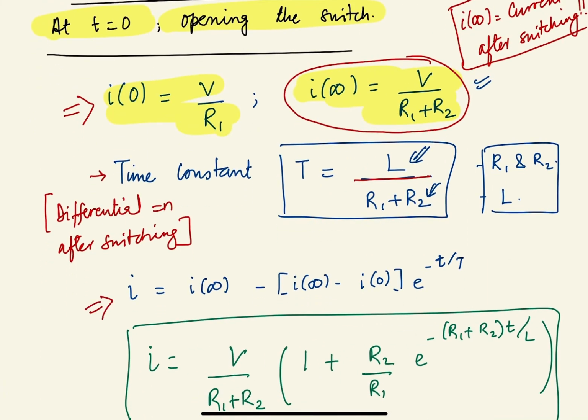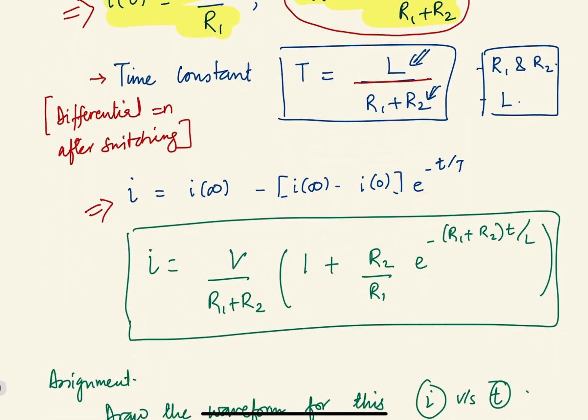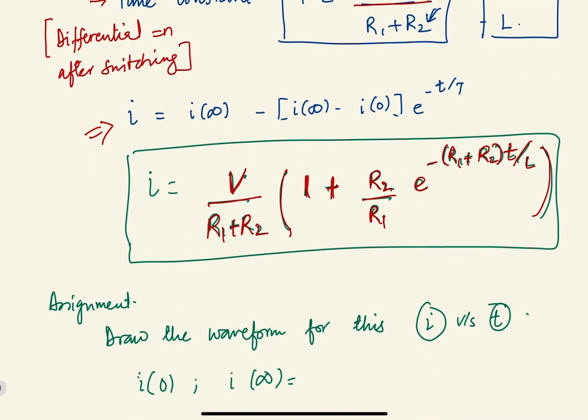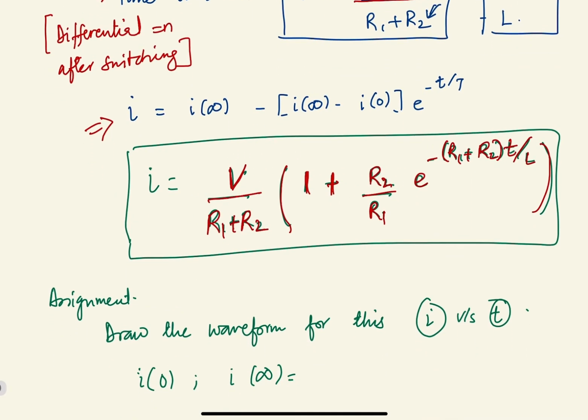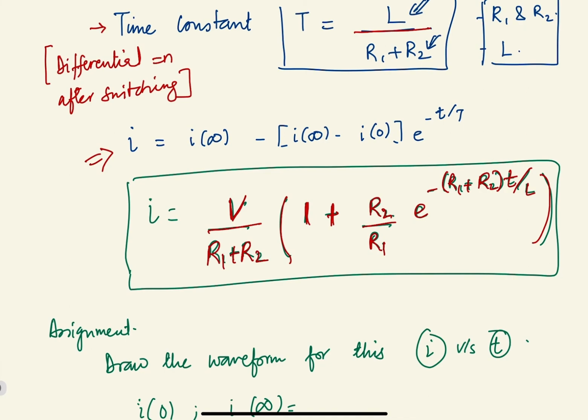Now if you substitute all of these values back into this equation for I, you will end up with this relationship: I is equal to V divided by R1 plus R2 times 1 plus R2 by R1 times e to the power minus R1 plus R2 times t by L. So this is the expression for current I through the circuit.